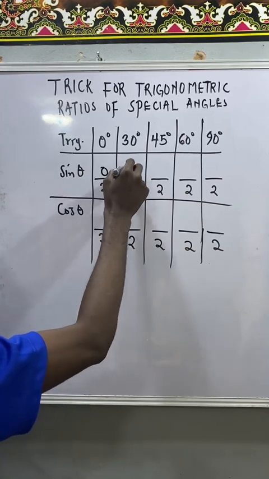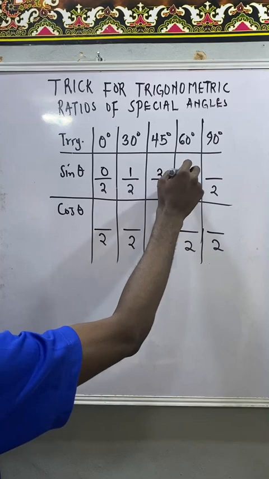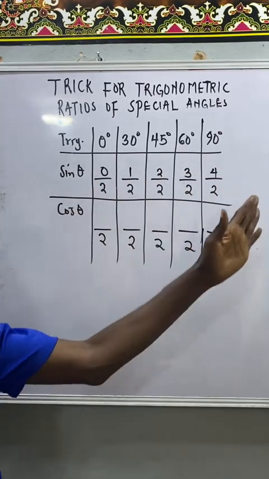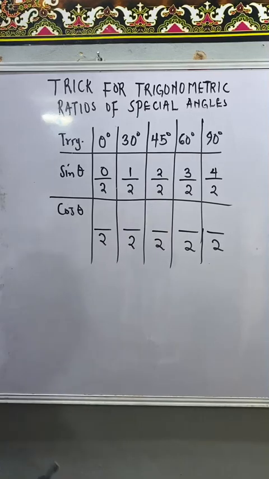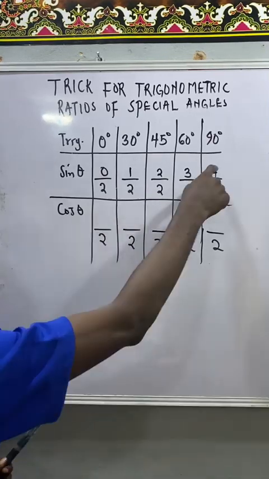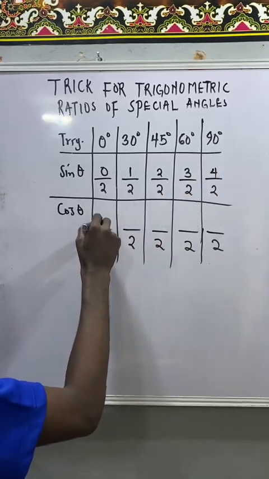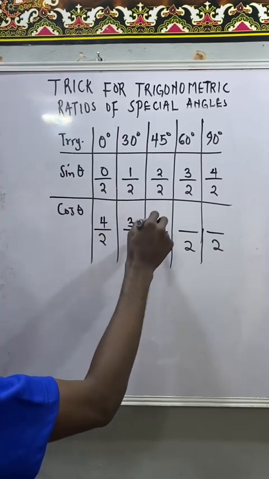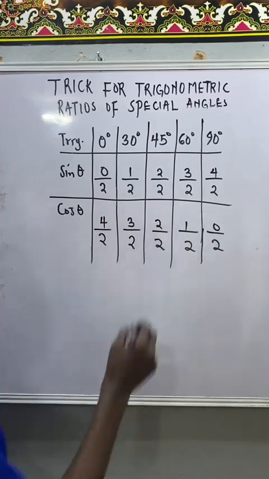Put 0 on top of this, 1 on this, 2 on this, 3 on this, 4 on this, in ascending order like that. Now for the cos row, you start from 4 here and go in descending order: 4, 3, 2, 1, 0.